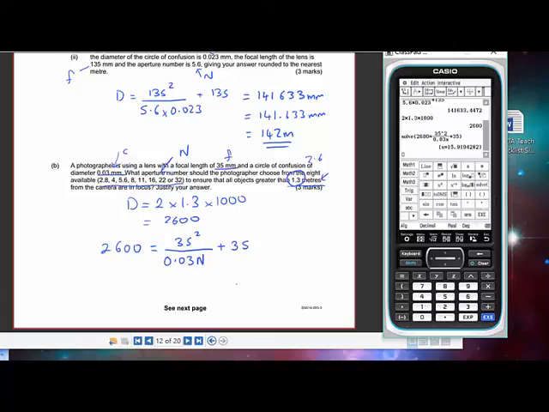So that says 15.9. Of course we don't have a 15.9, so the one that we need to choose is the one nearest to that, so we'll choose n equals 16.